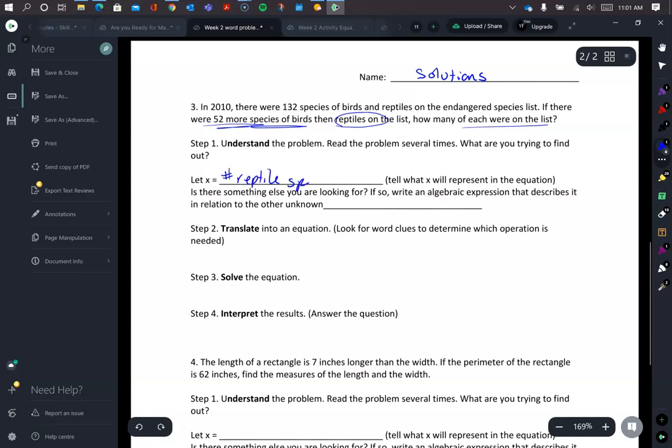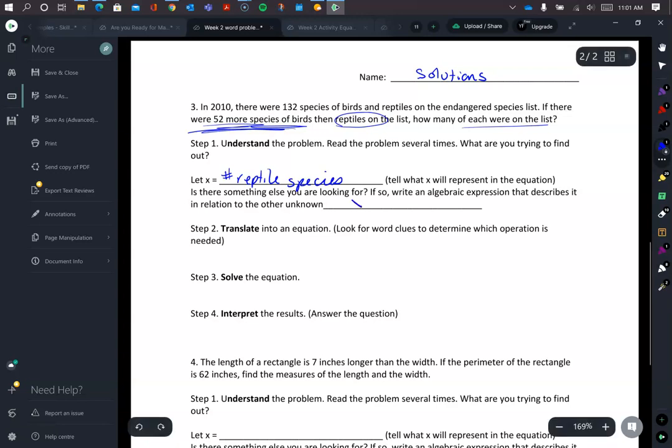Okay, and then I'm going to look for how I can represent the 52 more species of birds. So I want to think of, there's 52 more than reptiles.